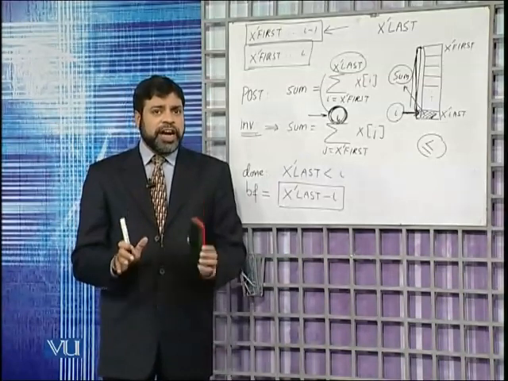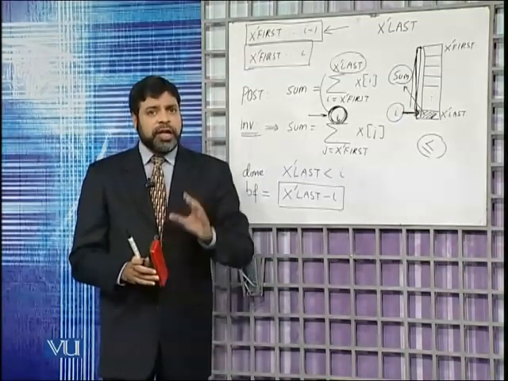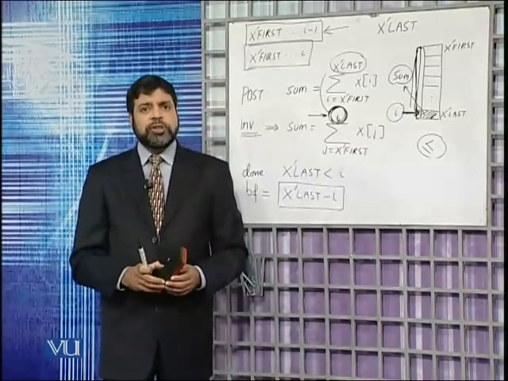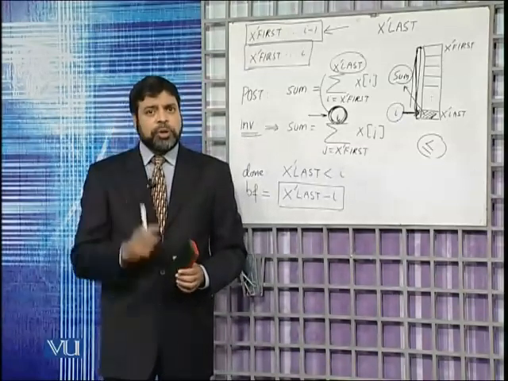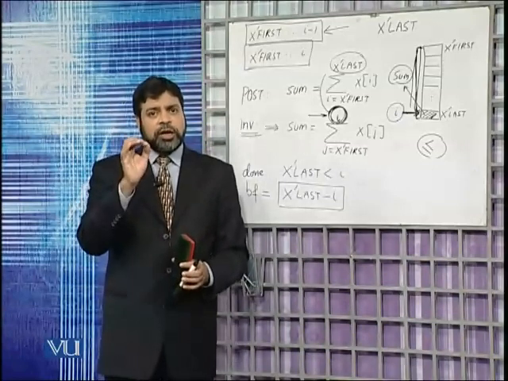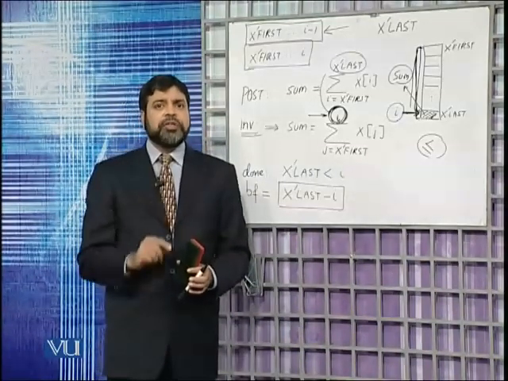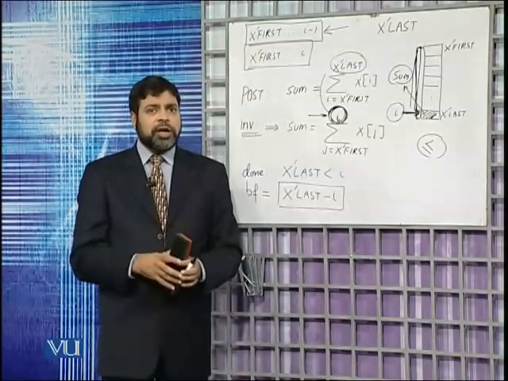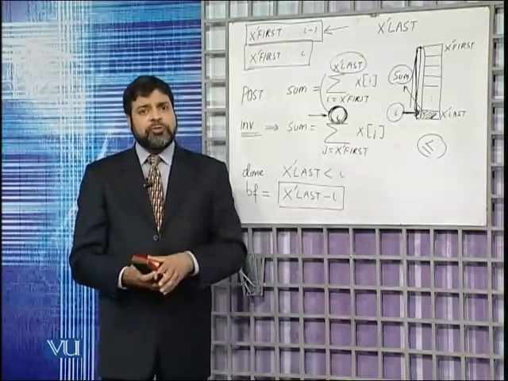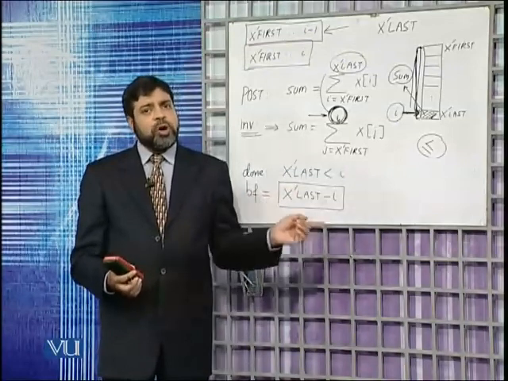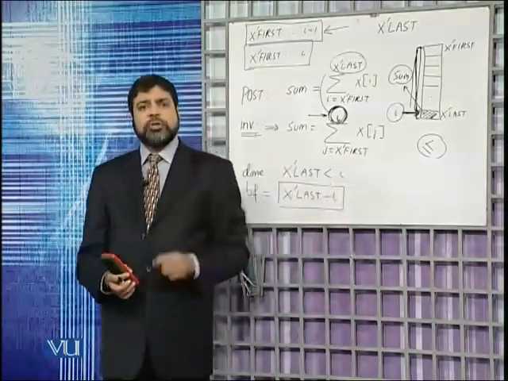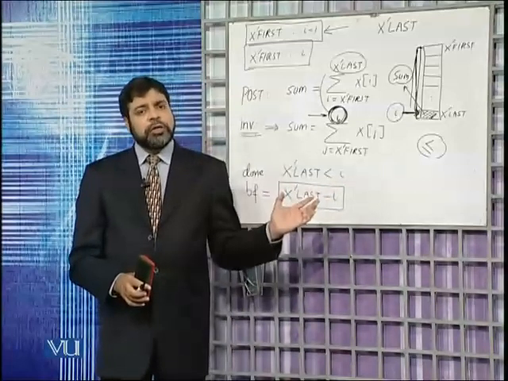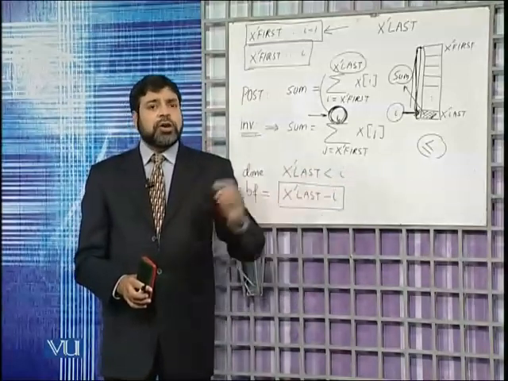So that has to be kept in mind. When you are trying to find the formula for these things, you have to try and tie that with your invariant condition. If we had written I there, from first to I, then the bound function and the done condition are related with that. If that were I minus 1, we would need to change it accordingly.